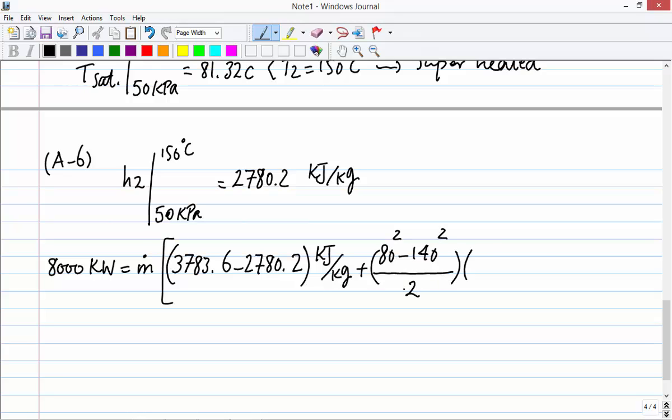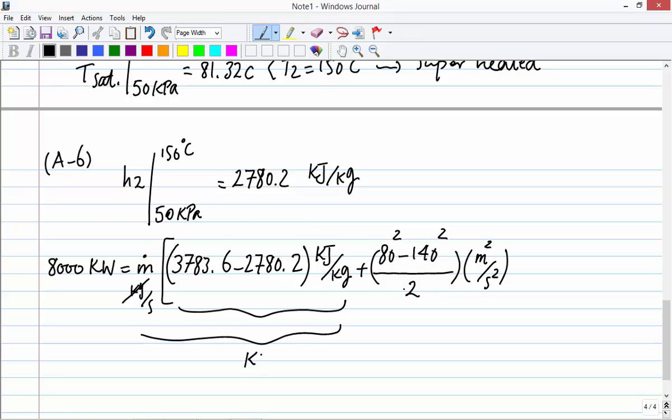And I know that the unit would be meters squared per second squared, right? And the mass flow rate would be in kilogram per second, how much mass in time. So kilogram would cancel out with kilogram. Let's talk about just the first part. The product of this term by this term would have a unit of kilojoule per second, which is kilowatt. And comparing to the other side, they match.